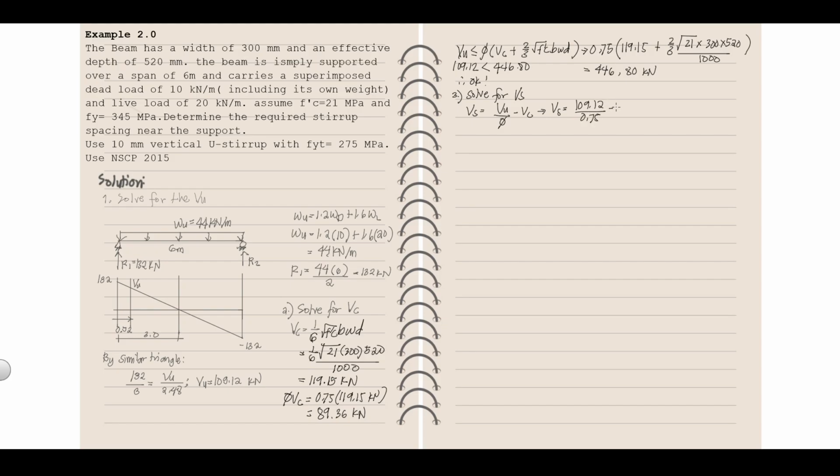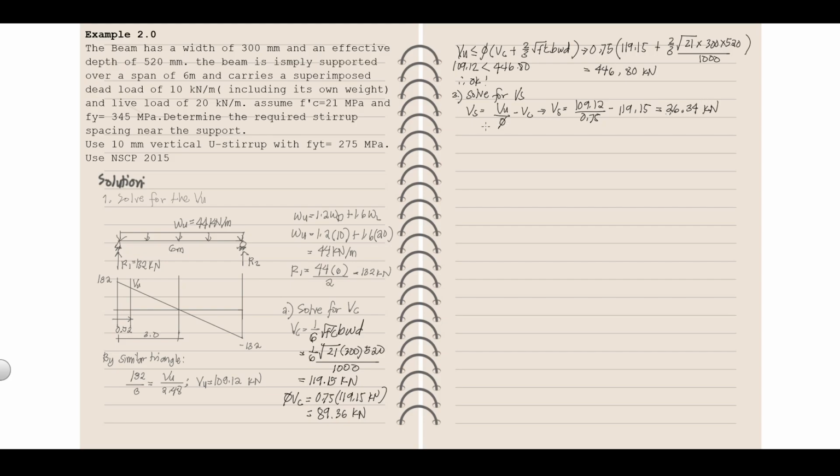Bawas natin ng VC, which is the 119.15. Okay, so 109.12 divided by 0.75. Bawas natin 119.15. So we will have a value of 26.34 kilonewton.